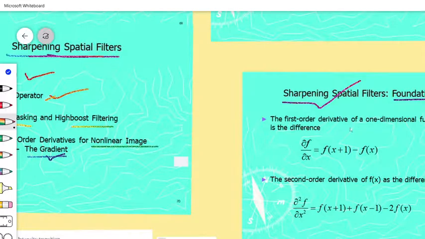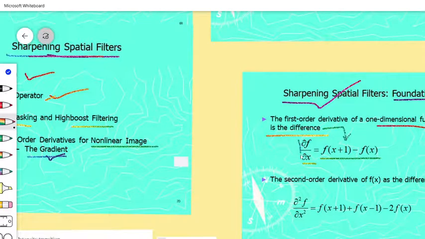The first order derivative of a one-dimensional function f of x is the difference. So the first order derivative is the difference, dou f by dou x. The f function with respect to x, the first order derivative, is defined as f of x plus 1 minus f of x, the difference.